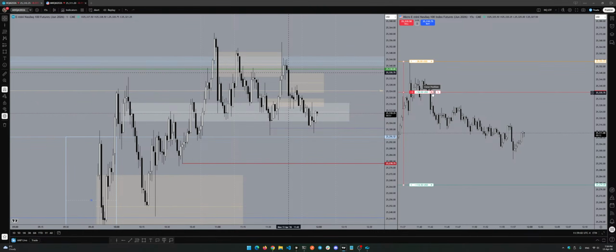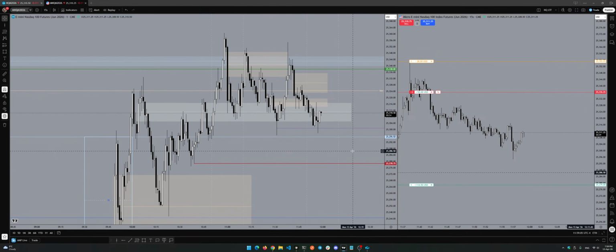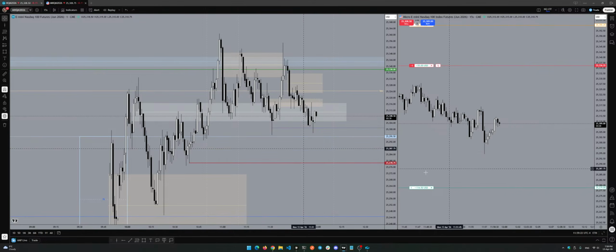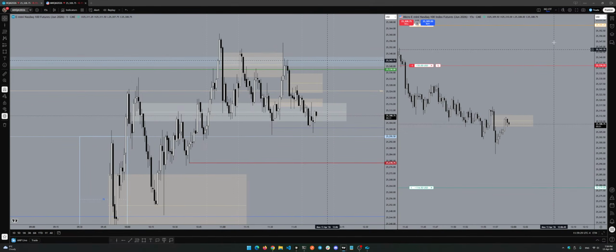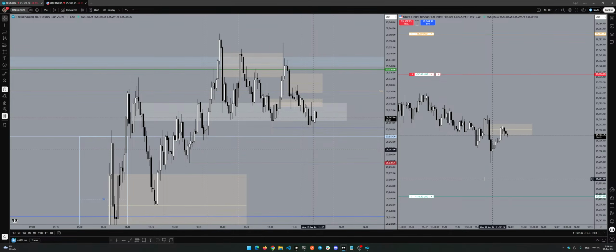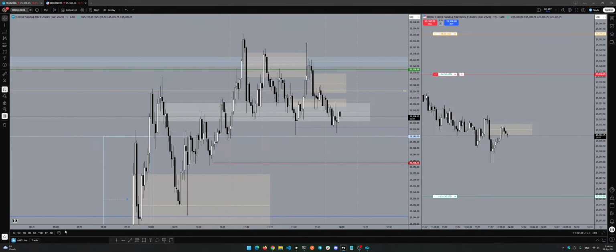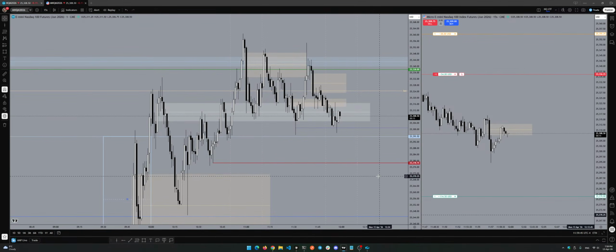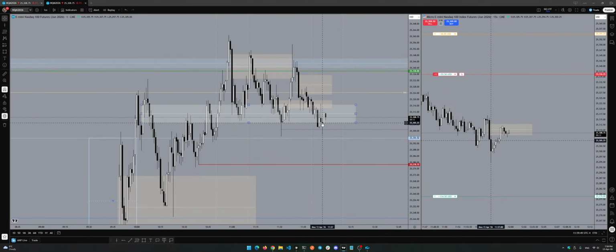Small FVG. In the 15 seconds now sync. Bullish order block.